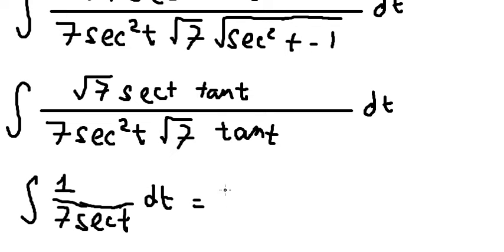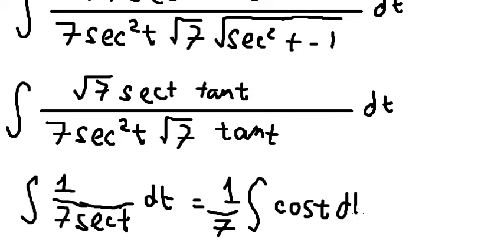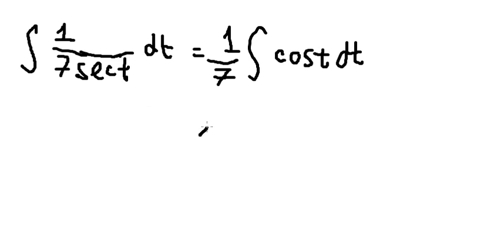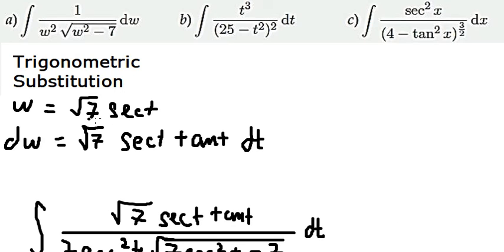So we got about 1 over 7 the integral 1 divided secant of t, you got about cosine t dt. So we got about 1 over 7 sine t plus c about t. That's it about this one.